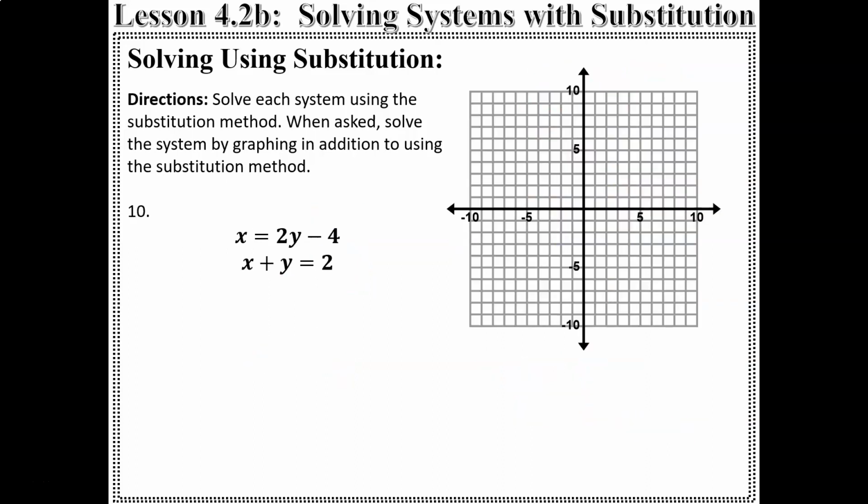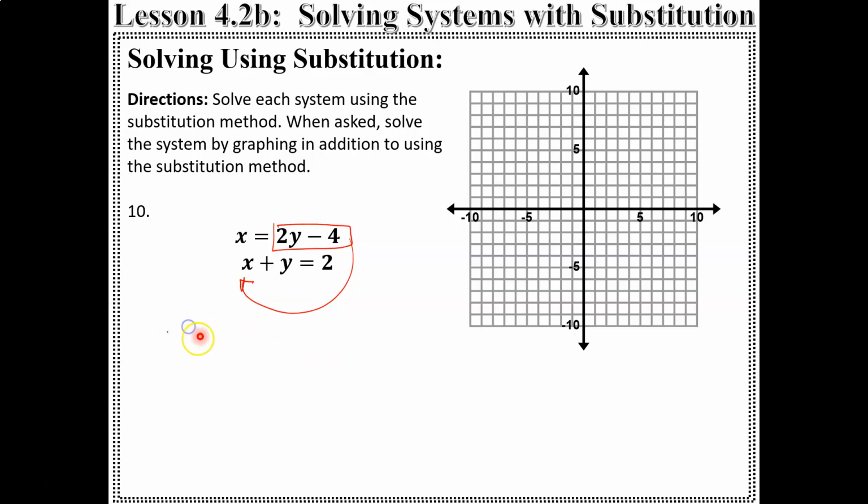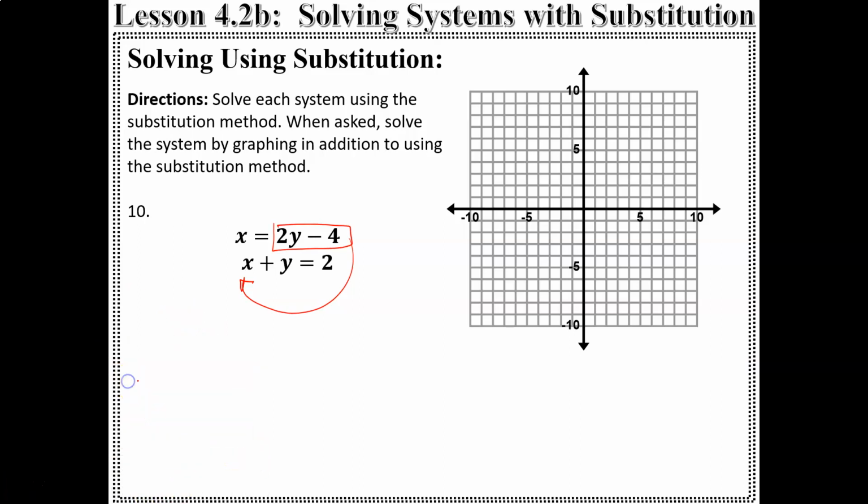Let's see if we can do one more before we have to go to a different section. This time I have x. Make sure you're substituting in the right place. I'm going to put this in for x. So I have 2y minus 4 instead of the x in x plus y equals 2.